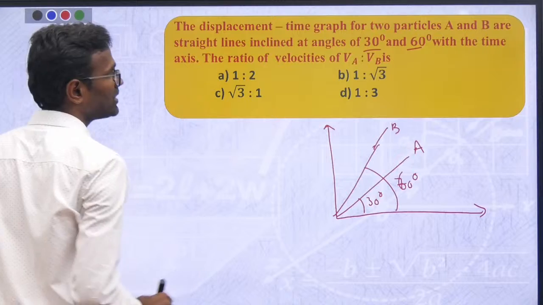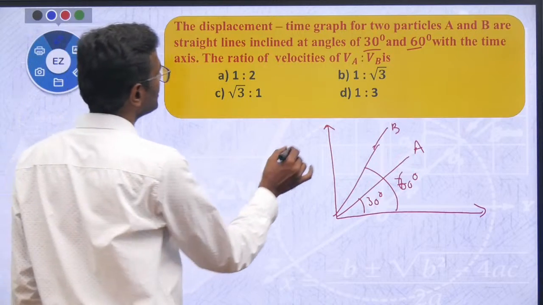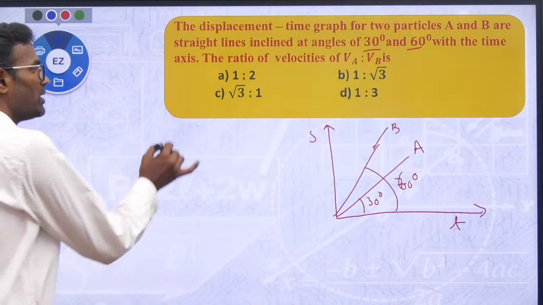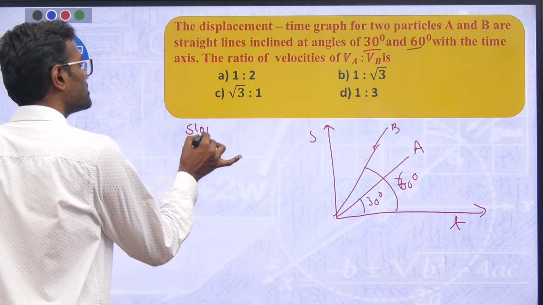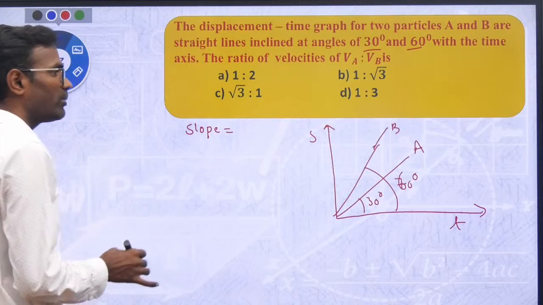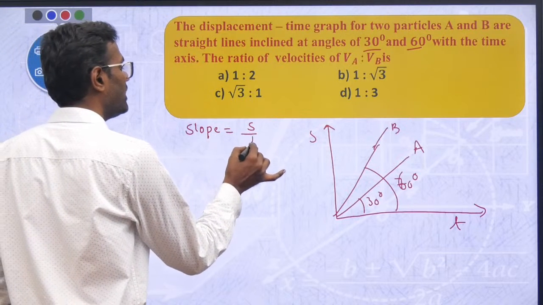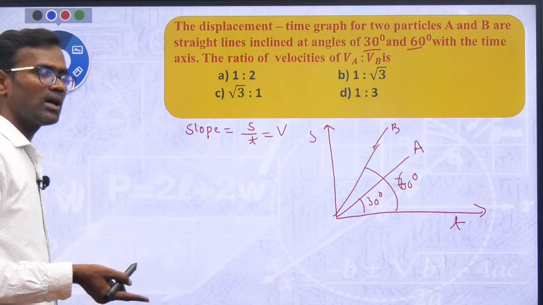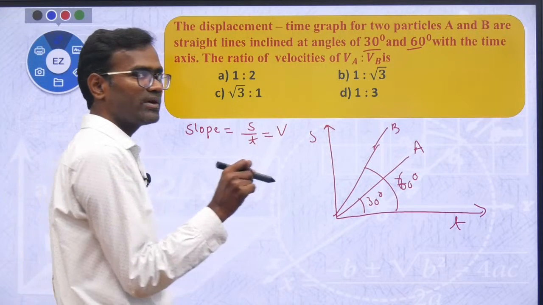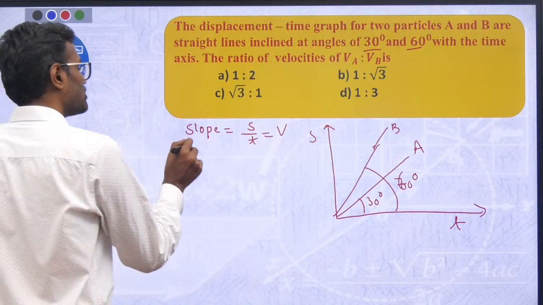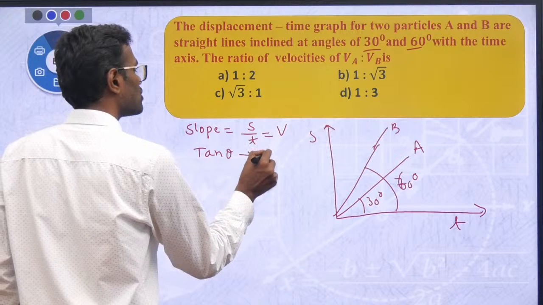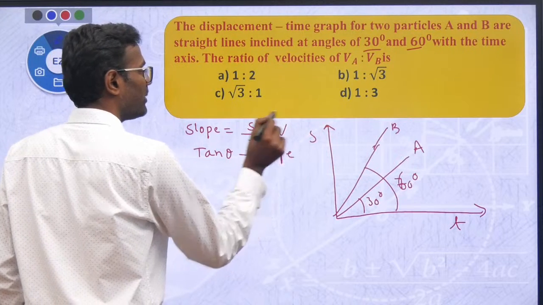The ratio of velocities. In the displacement time graph, slope is y coordinate by x coordinate, x by t gives velocity. So slope of the graph gives velocity. If they give an angle, tan theta gives the slope of the graph.